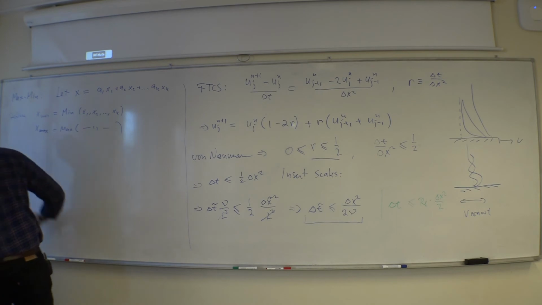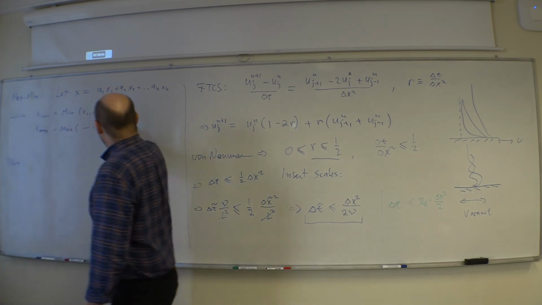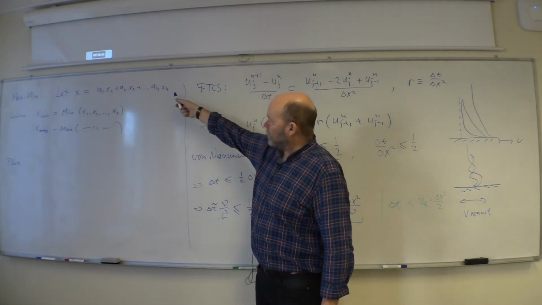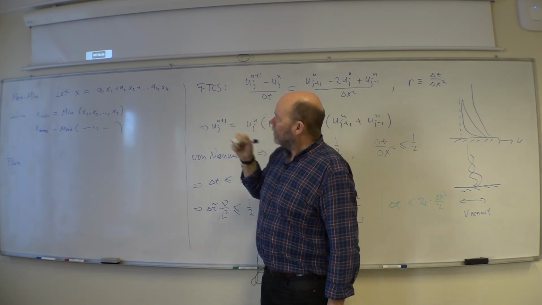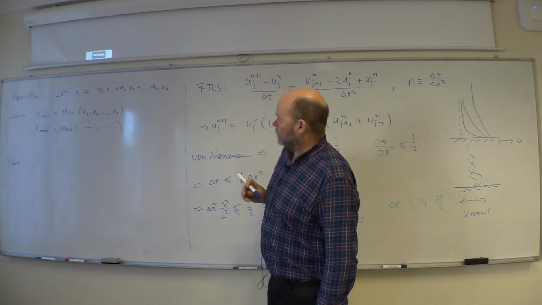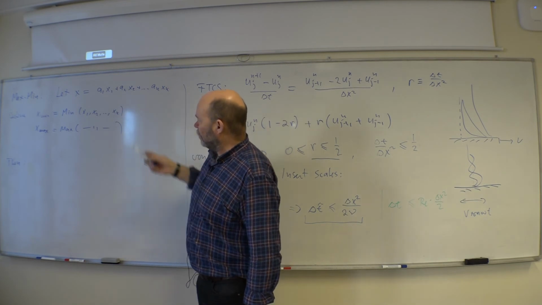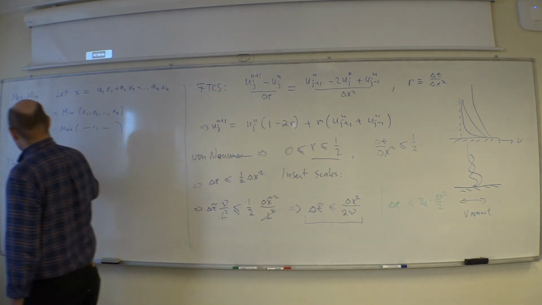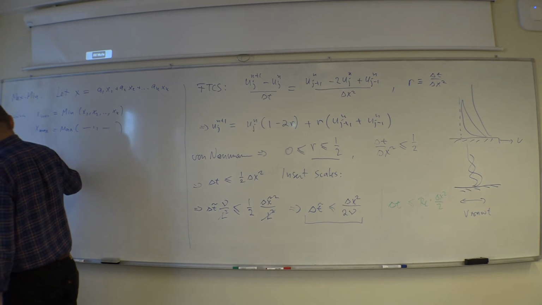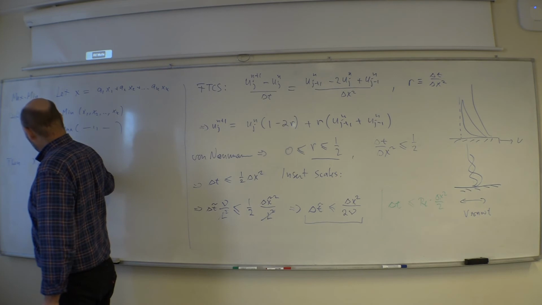Then we can write up the following. If I take the recipe that we had up here and substitute in for all the x's, you choose the smallest one and put it outside. Then you can write something like this: the smallest x multiplied with the sum of the coefficients only.